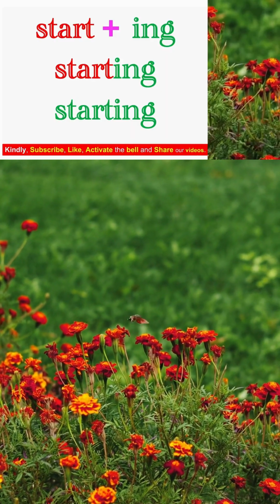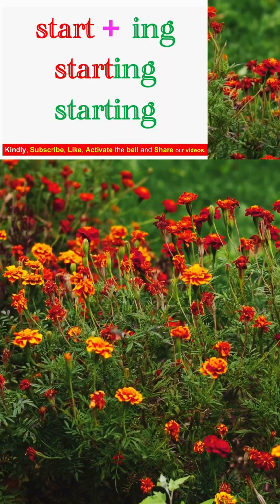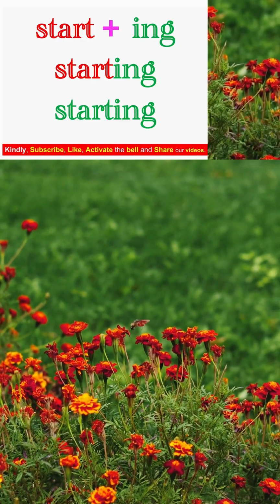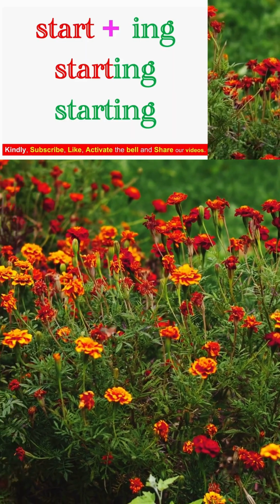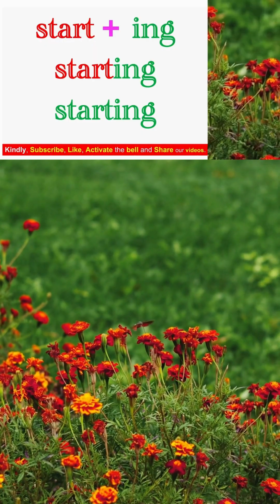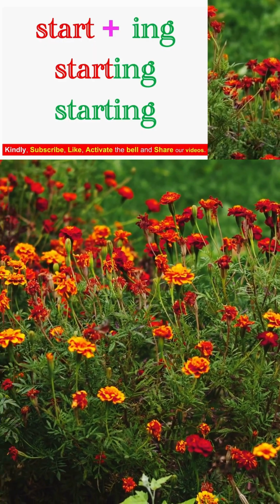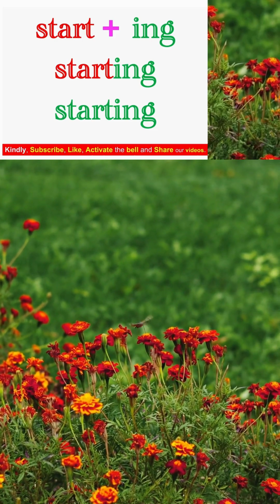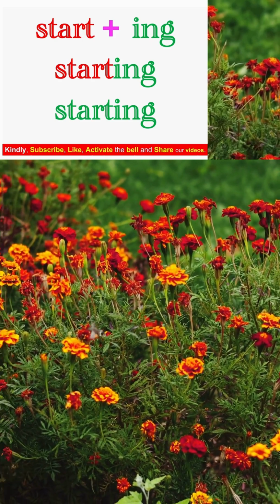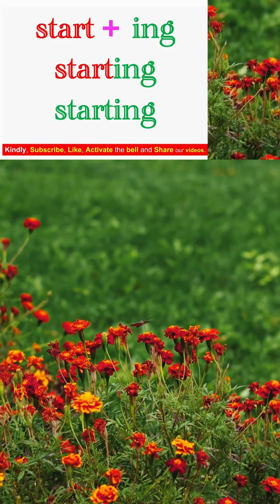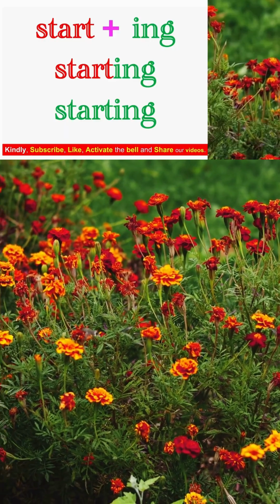Why are we studying just verbs plus ing in this lesson? Because it's very important, because in the coming lessons we are going to study present continuous. We have verb to be, for example, I am, and we have verb start, and we have ing.